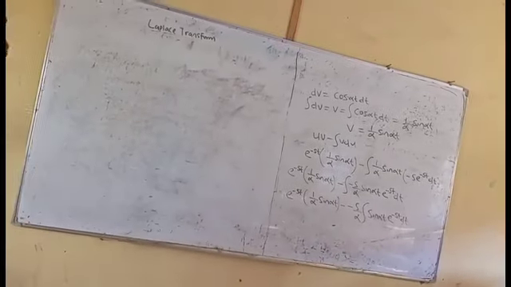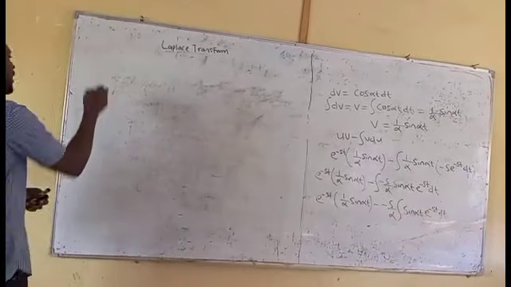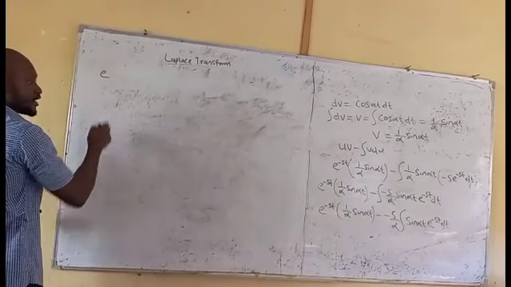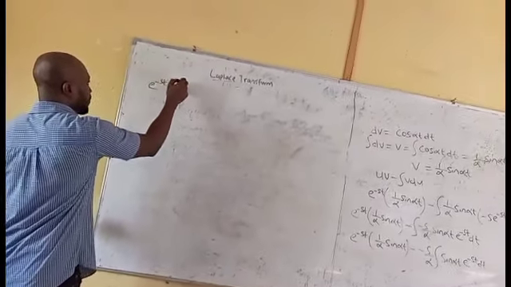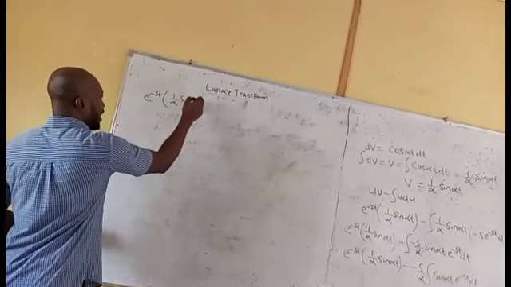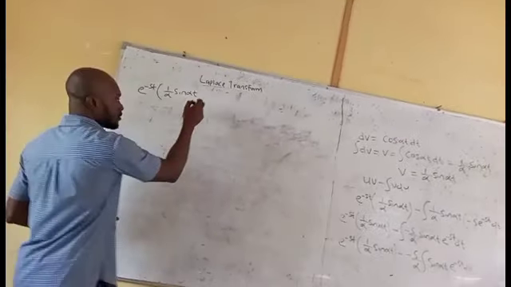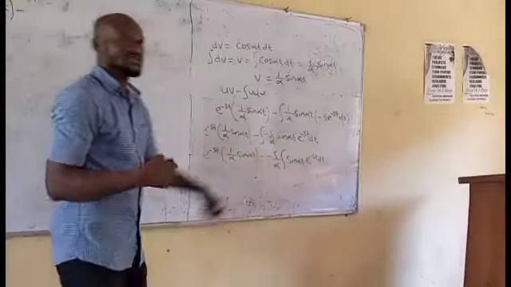So I have this exponential minus st multiplied by 1 over alpha sine alpha t, minus, okay, minus minus is plus.